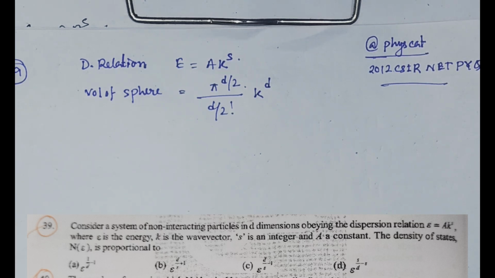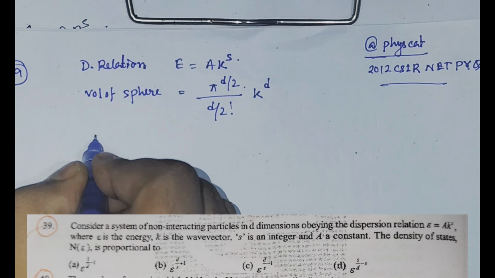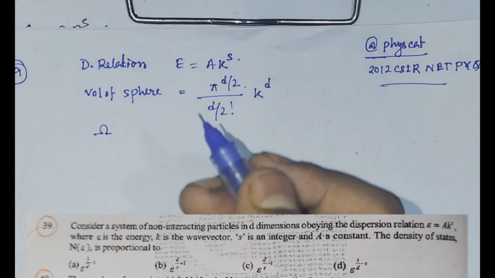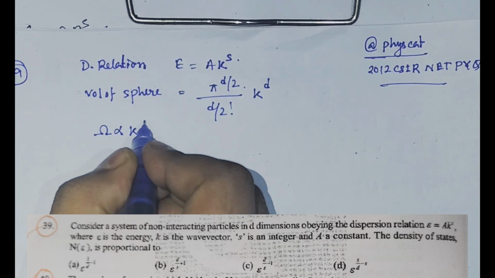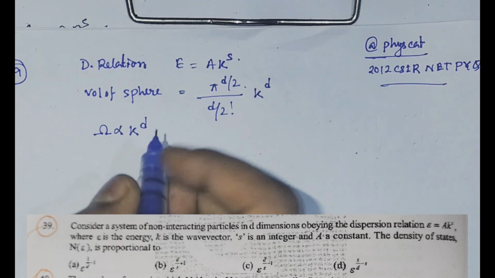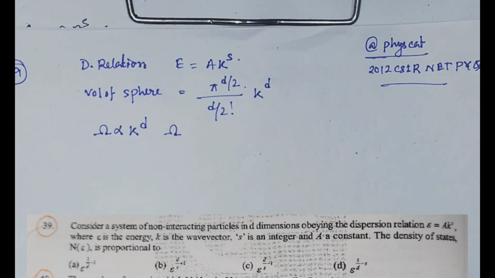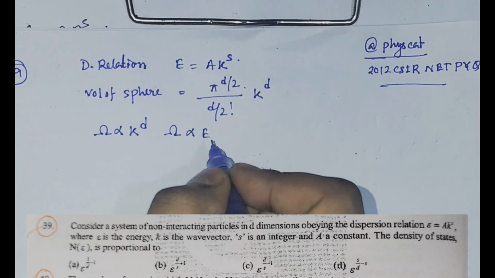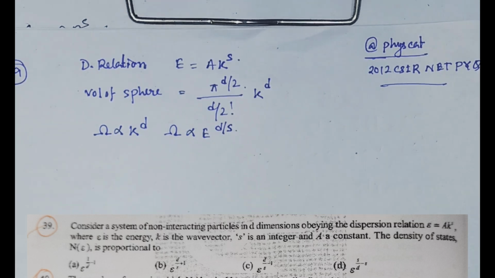So the number of microstates is proportional to k to the power d. And this is omega, which varies as E to the power d by s. This is the number of microstates.